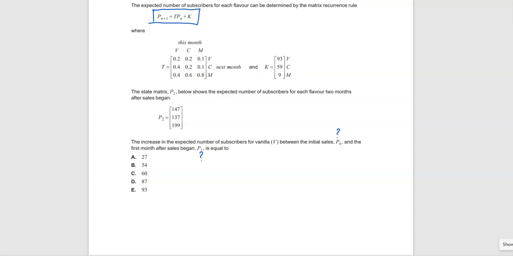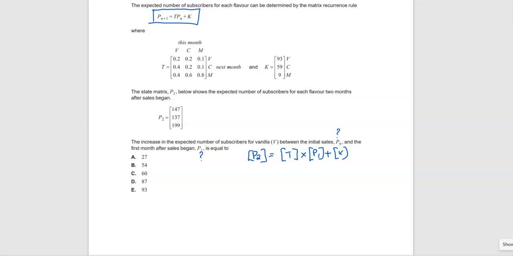So if I write P2 here and write down how we found P2, we would have gone the transition times the one before, which would have been P1, and the formula also says to plus K. So that's what we would have had.